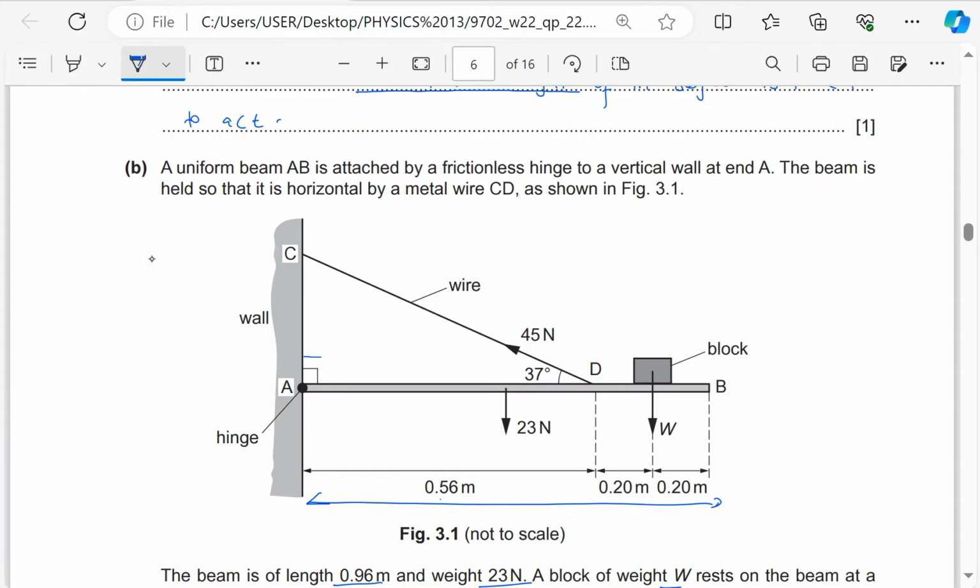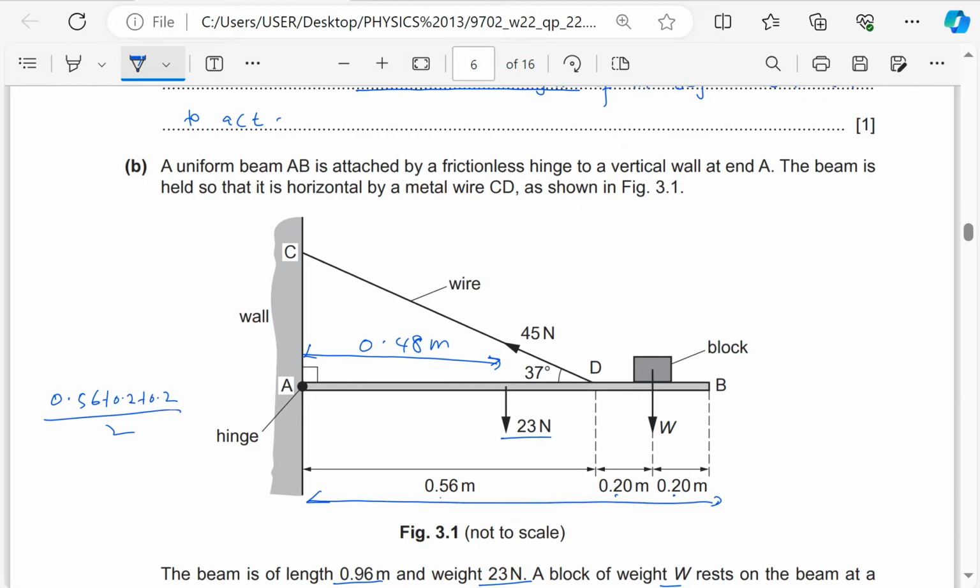So the distance here is going to be 0.48 meters. Because it is a uniform beam, its weight acts at the midpoint. So I was looking for the midpoint, which is 0.56 plus 0.2 plus 0.2, then divide by 2, which gives us that distance there.